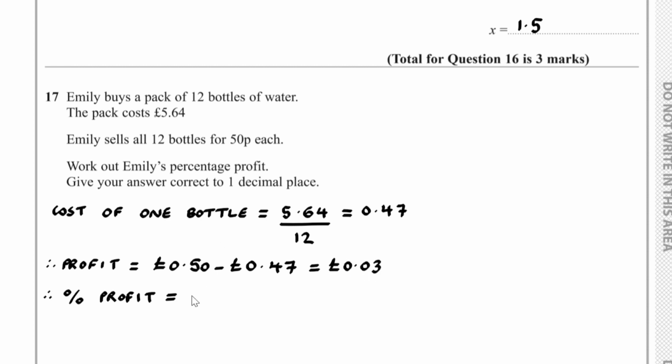So the percentage profit is equal to 0.03 divided by the original cost 0.47, and then we multiply this by 100.